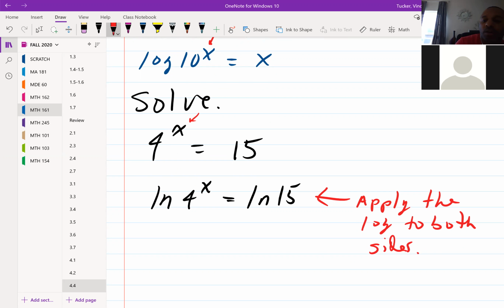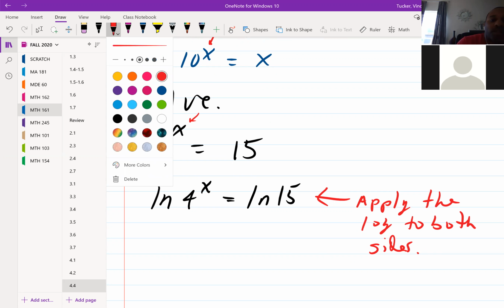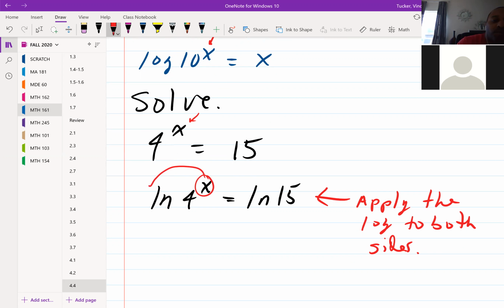So we apply the log to both sides. And what that allows is for us to be able to bring the x down front using our power rule. So then that would be x natural log of 4 equal to natural log of 15.